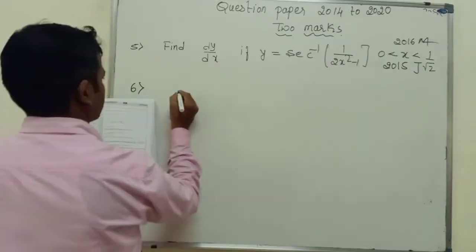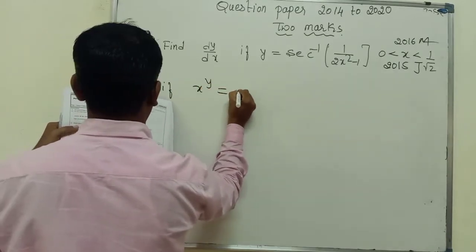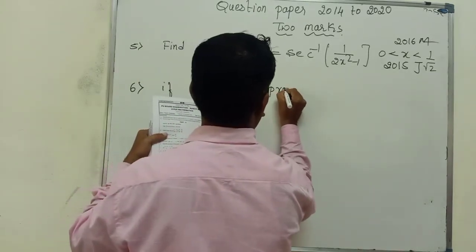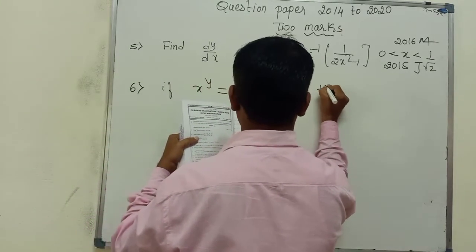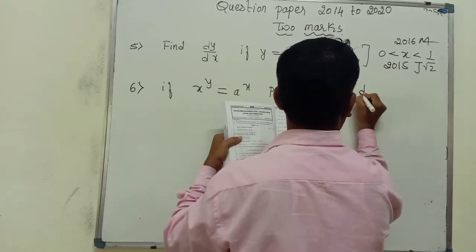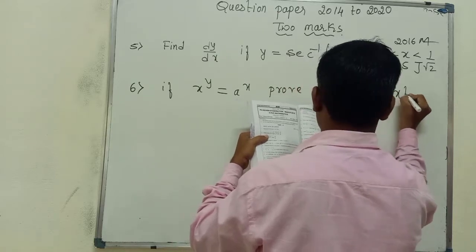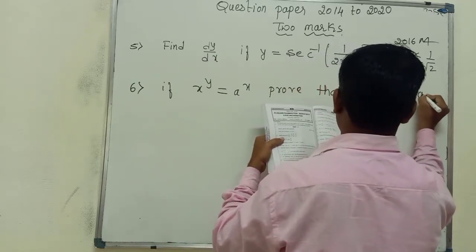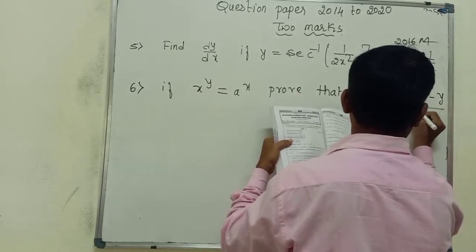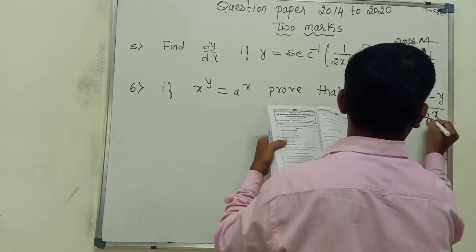In the same year, they ask like this: x raised to y is equal to a raised to x, prove that dy by dx is equal to x log a minus y divided by x log x, to the base e.